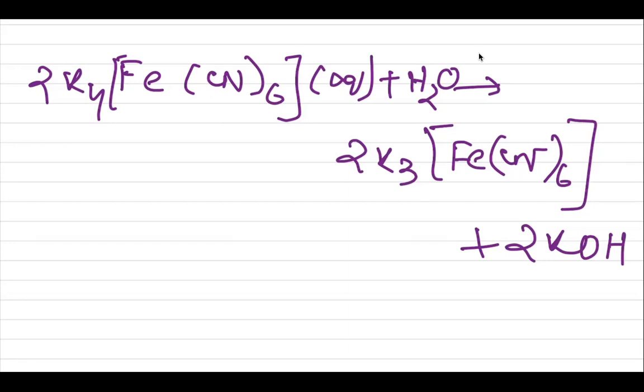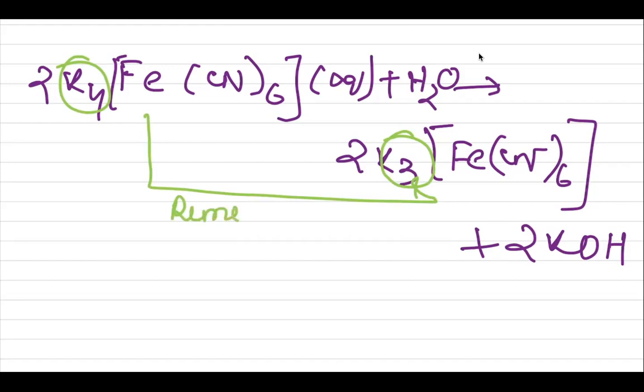See here, if we consider this reaction, here is K4, here is K3. That means removal of electropositive atom from K4 to K3. What is it? Miss, reduction.